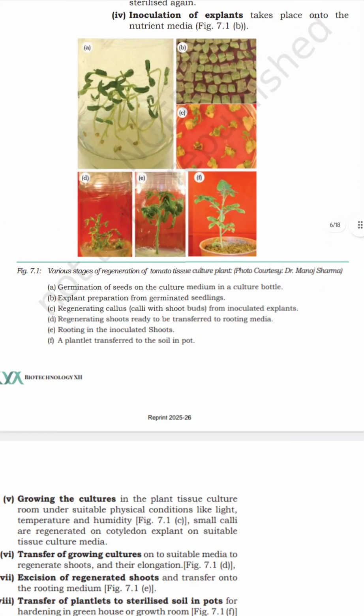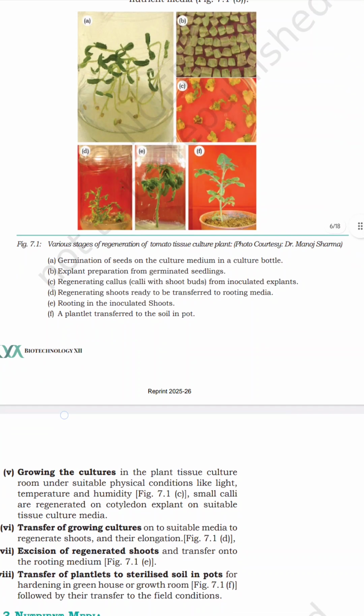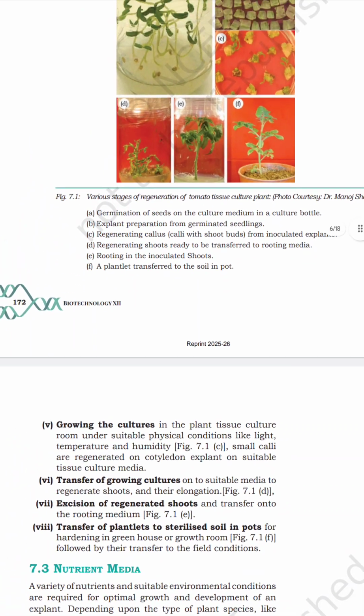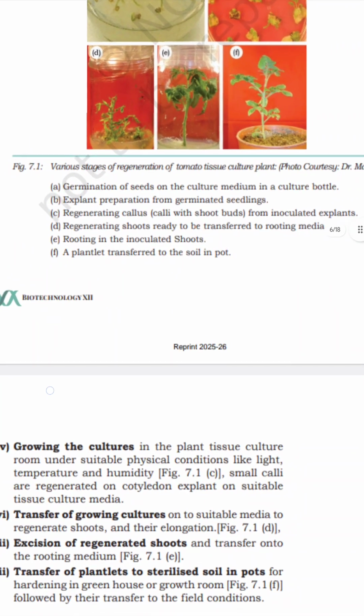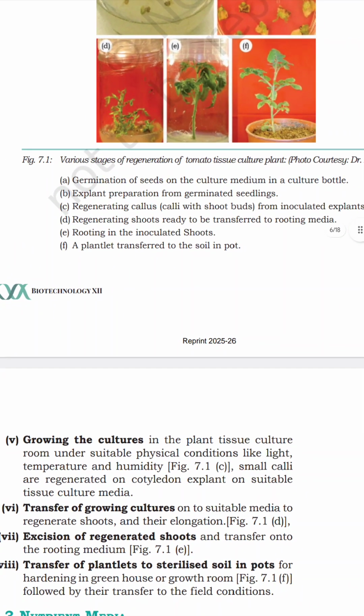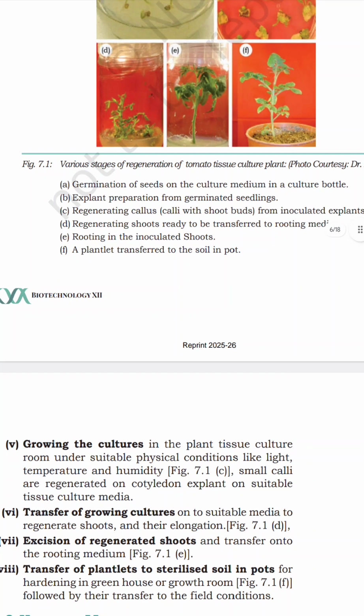Here we can see a tomato plant, how it grows through in vitro plant tissue culture. Growing the culture under physical conditions like temperature, humidity and soil, small calli are regenerated on cotyledon explants on a suitable medium.